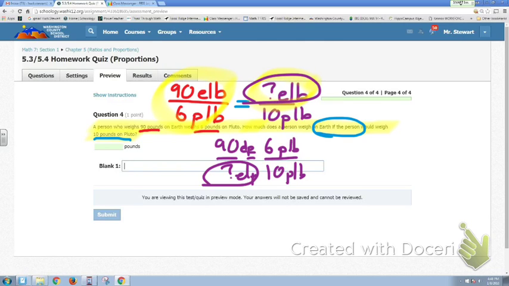So as long as you're setting it up in a proportional relationship where one makes sense with the other, you can do it this way. But to keep things nice and organized, I typically like to keep the same units of measurement in the same section. Hopefully this is helpful for you, and hopefully you're able to get a higher score on the quiz because of this video.